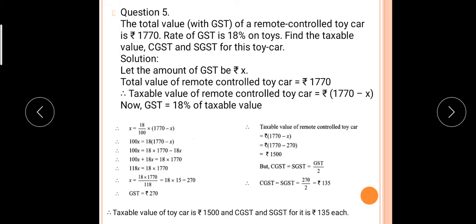If not mentioned, then you have to understand yourself. So the total value of a remote control toy car is rupees 1770. Rate of GST is 18% on toys. Find the taxable value, CGST, SGST for the toy car. Now what is the total amount of GST? We don't know, that we have to find out. So consider it as X. What is total amount with GST?